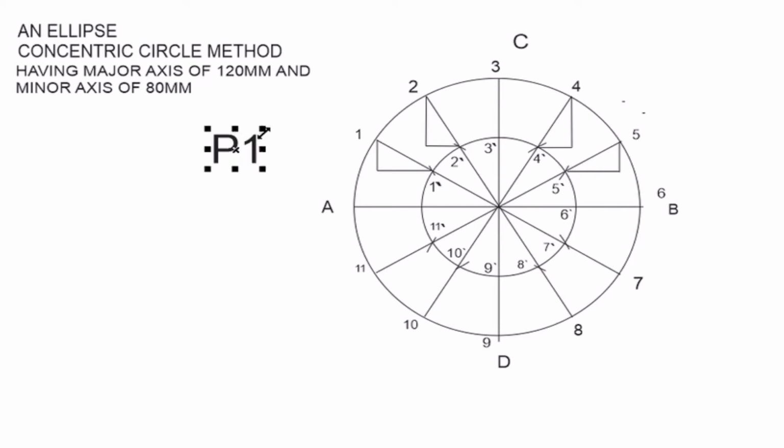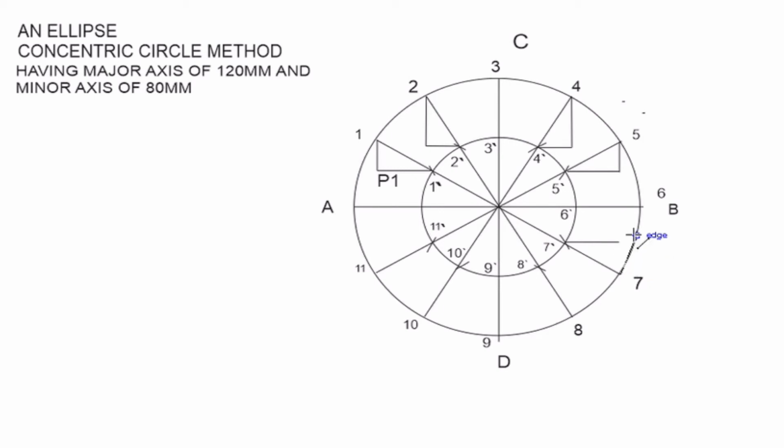I'll just develop that and place it at point P1. It's important that you always name your points as well. Where the lines from 2 dash and 2 meet, we'll call it point P2. We move over to the other side and keep doing that. Also for point P7, we draw a horizontal line from 7 dash, and we draw a corresponding vertical line.